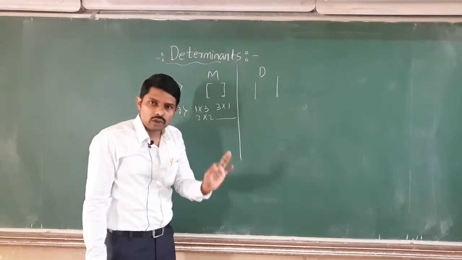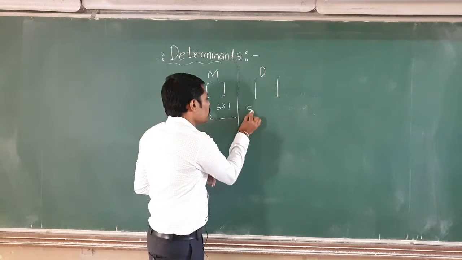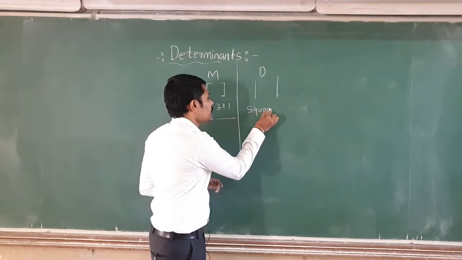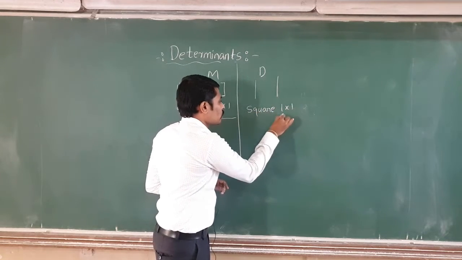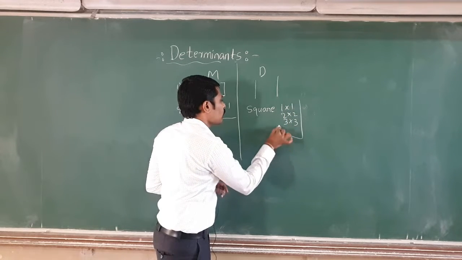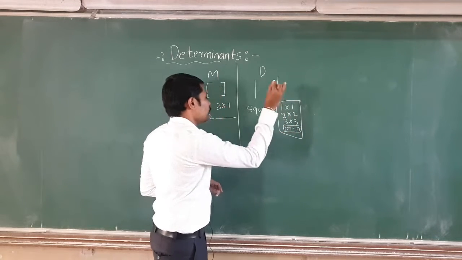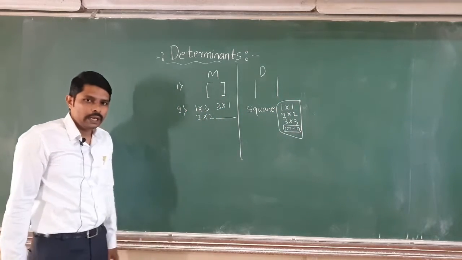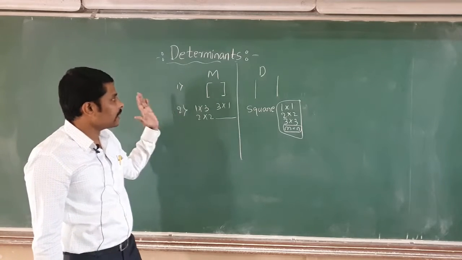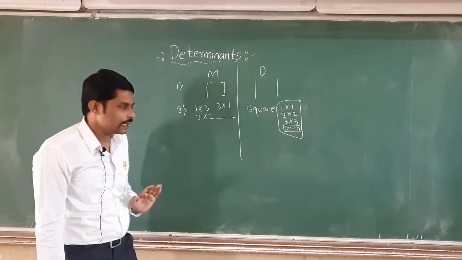But in the case of determinant, order is always square, means 1 cross 1, 2 cross 2, 3 cross 3, maybe 4 cross 4, anything, the m value is always equal to the n value. This is the second difference between matrices and determinants. Is it clear?